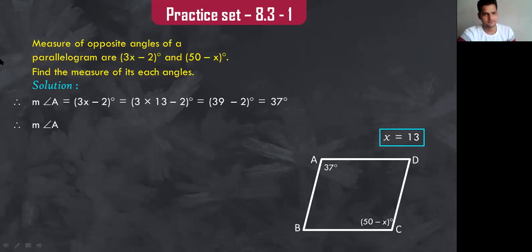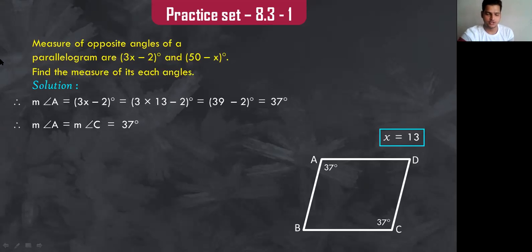Followed by angle C, which was 50 minus x. Now, either you can find 50 minus x also, or you can use a very simple property of a parallelogram, that angle A and angle C are opposite angles, so their measurements will also be equal. Either way you can get the answer.